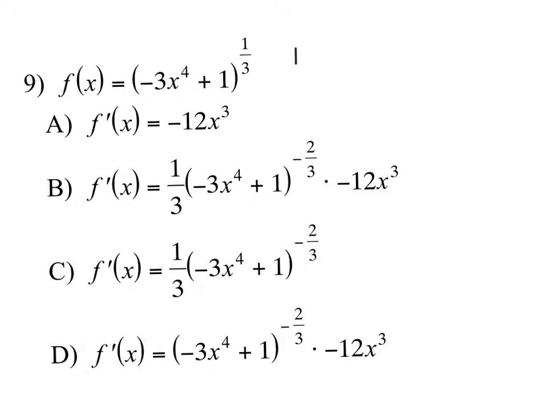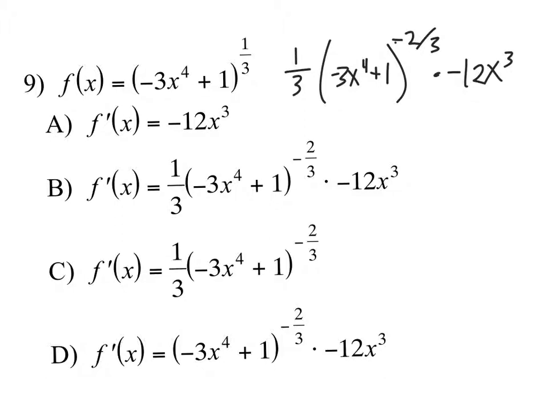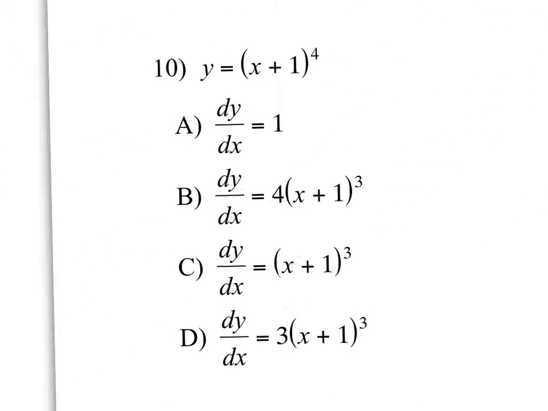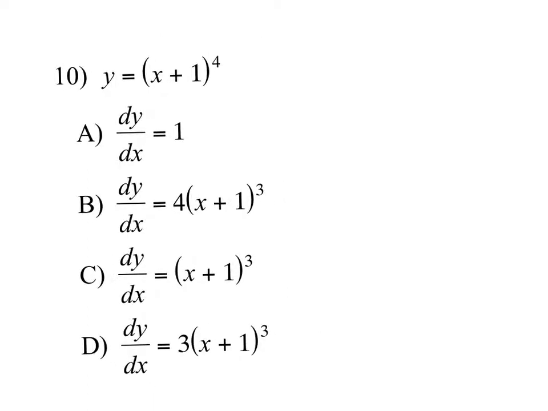That's going to be 1/3 negative 3x to the fourth plus 1 to the negative 2/3, and then times the inside, which is going to be negative 12x to the third. For number 10, bring the 4 down. 4 times x plus 1 to the third. The derivative of the inside would be times 1.